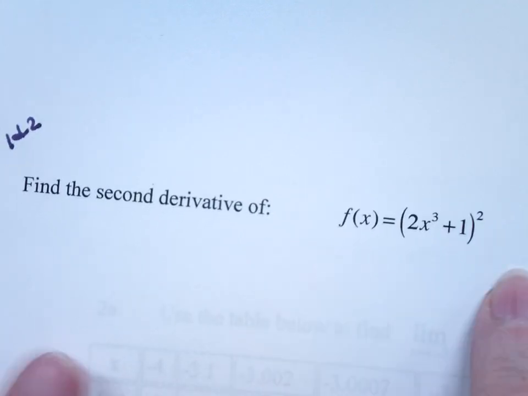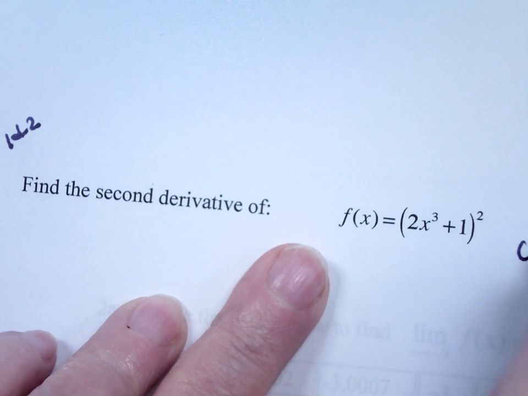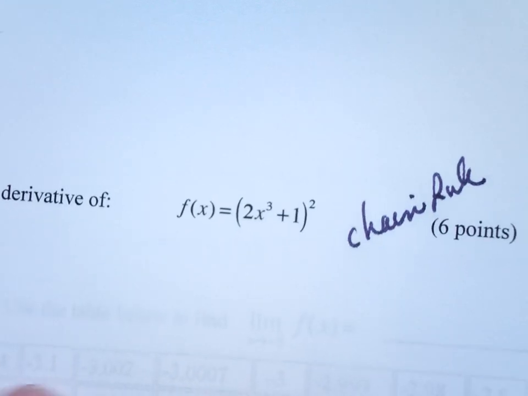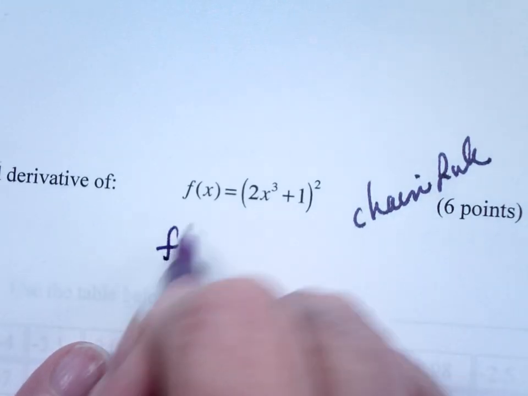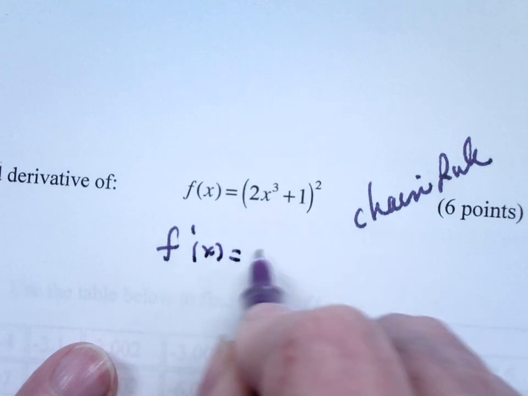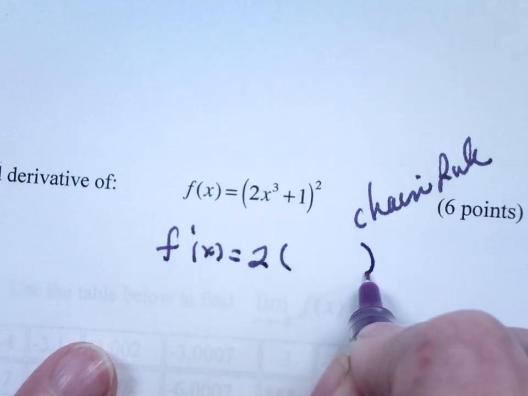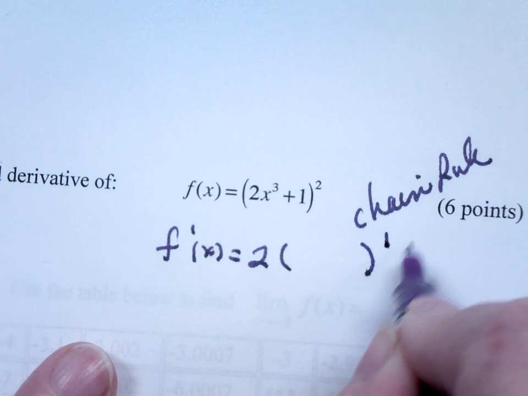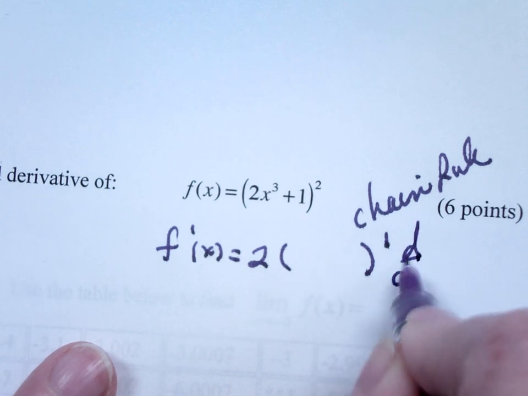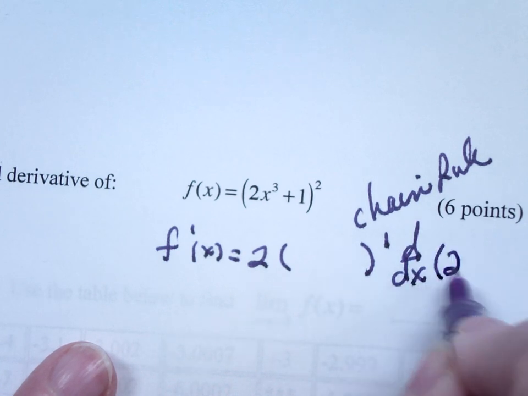Well, the first derivative is chain rule. So that f prime is 2 times the blob to the 1 times the derivative of the blob.